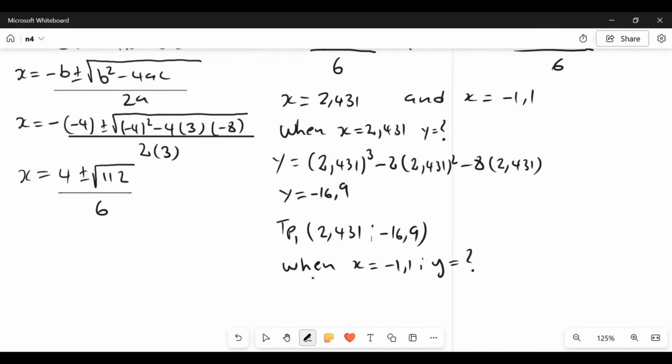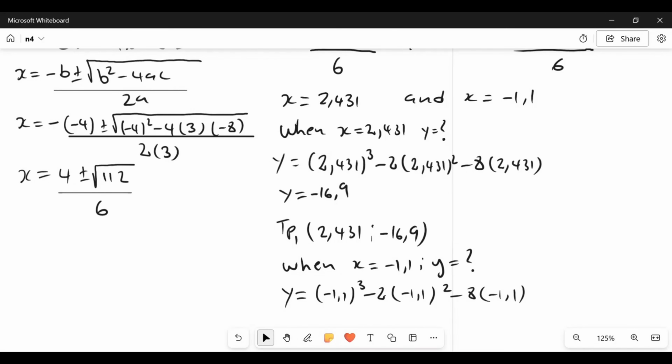We're going to do a similar thing to what we did on the first turning point. We're going to use the original equation. We know that y is going to be equal to, instead of writing x, we write negative 1.1 cubed minus 2 times negative 1.1 squared minus 8 multiplied by negative 1.1.